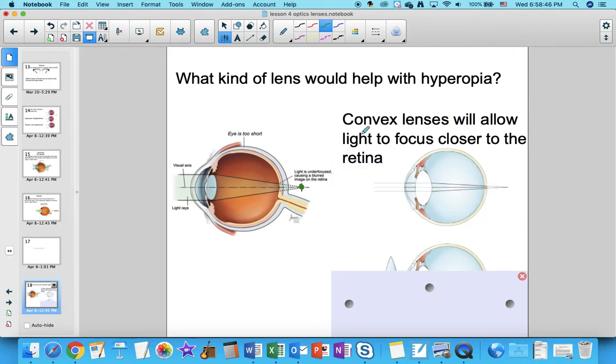Because a convex lens focuses light. So if you add a convex lens, it already starts to focus the light before it hits the lens, and the lens will then focus it again, creating a shorter focal distance, right? The focal point is pulled back with a convex lens because a convex lens will focus it for you.